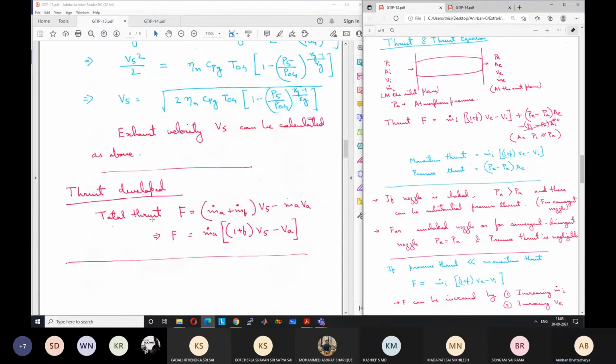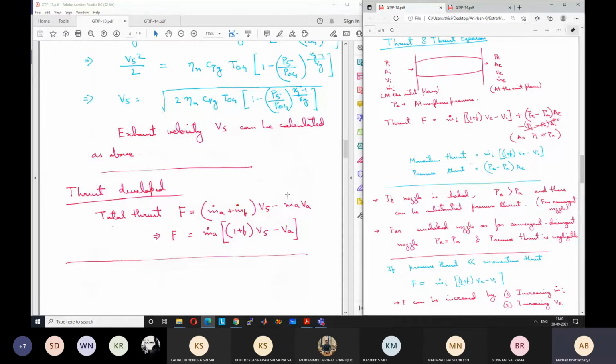Which is the mass flow rate at the exit, m dot a plus m dot f, into the exit velocity v5, or v, whatever variable you want to denote it with, minus the inlet thrust, which was m dot a into va. Okay, inlet momentum.